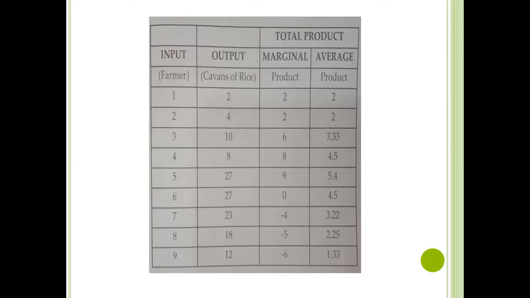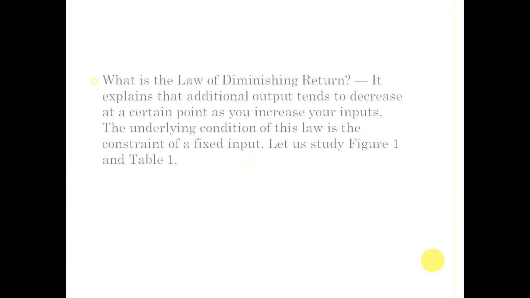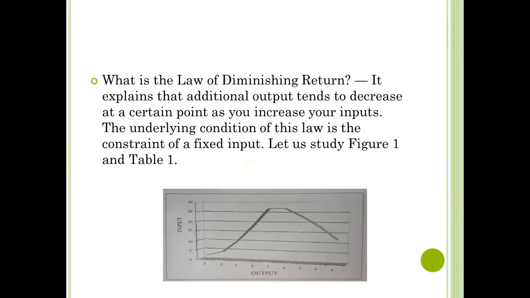We have the input, the variable inputs or fixed inputs, on our left row. Meanwhile, in our columns, we have our output.